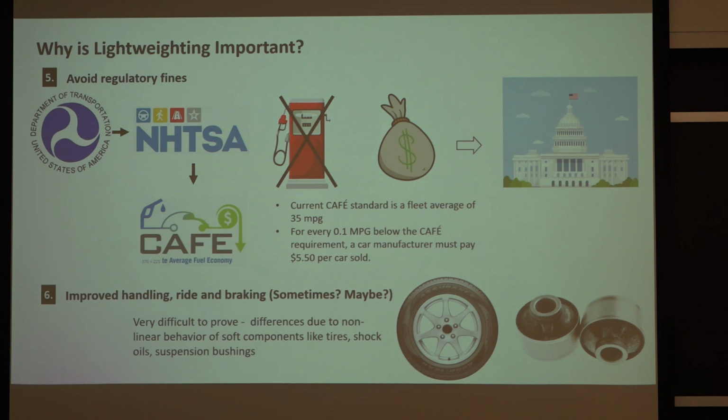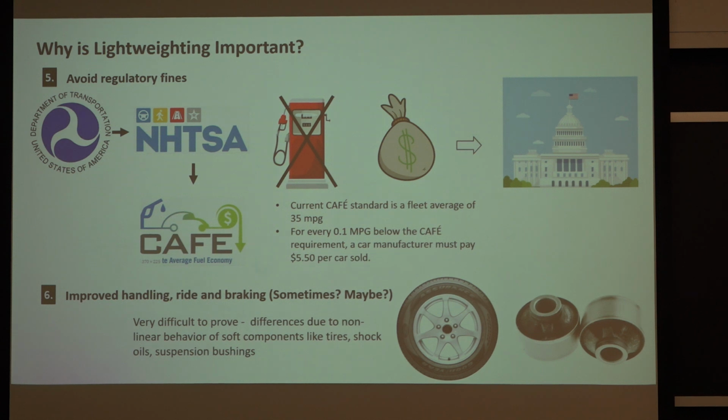So depending on the footprint of the vehicle, so the length times the width, or the wheelbase times the track, they have different size classes, and each of those size classes has its own independent fuel mileage requirements. And then there's what's called a harmonic average, which I won't get into. It's kind of complicated, but that comes out to what the corporate average fuel economy is. So right now, car manufacturers in 2020 are going to be required to have a fleet average of 35 miles per gallon.